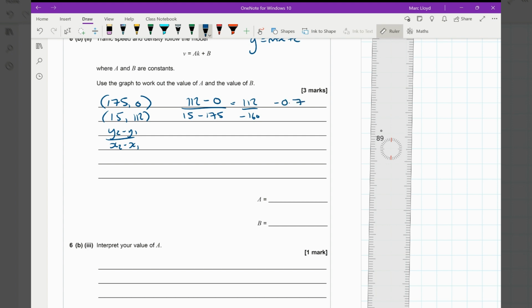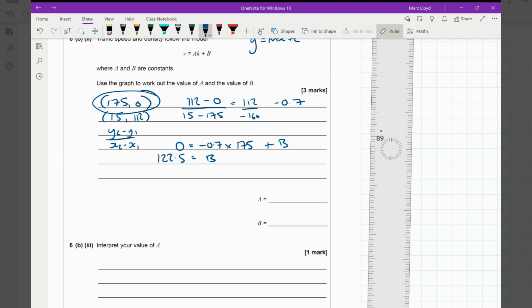Now, to work out what B is, I'm going to use one of these values. V is equal to 0 when negative 0.7 times by our value of K, which for this coordinate is 175, plus B. So B is going to equal 0.7 times by 175, which would have been negative 122.5, and then we add it onto the other side to give us that.